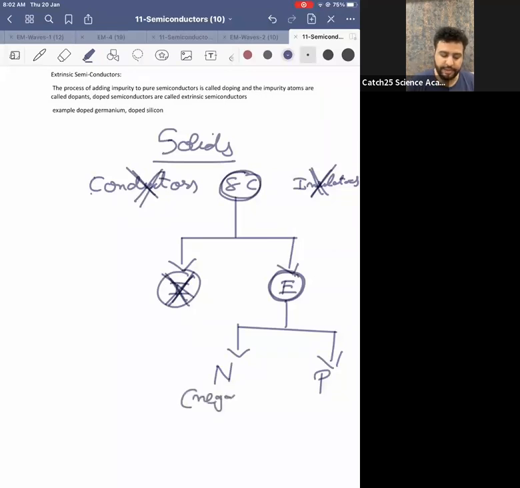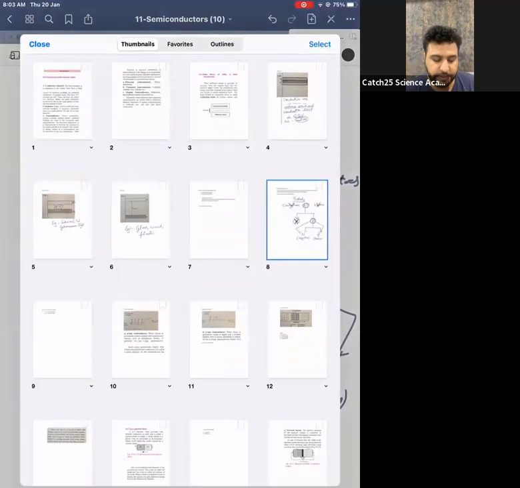N-type means negative type and P-type means positive type. So under extrinsic, I have two types of semiconductors: one is negative type and one is positive type. So let me show it to you here.